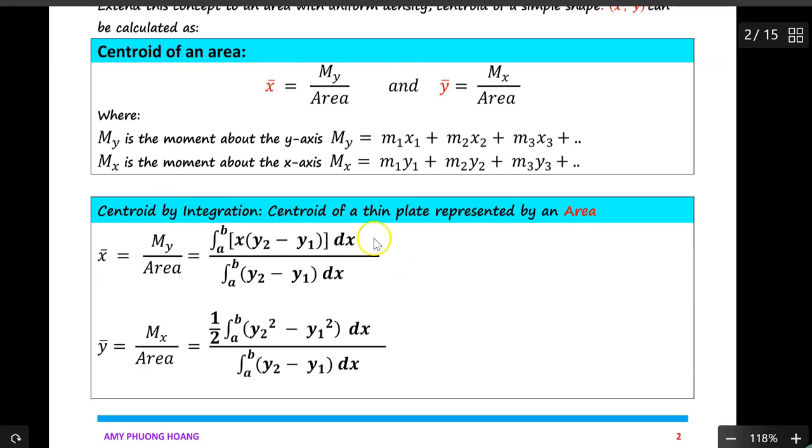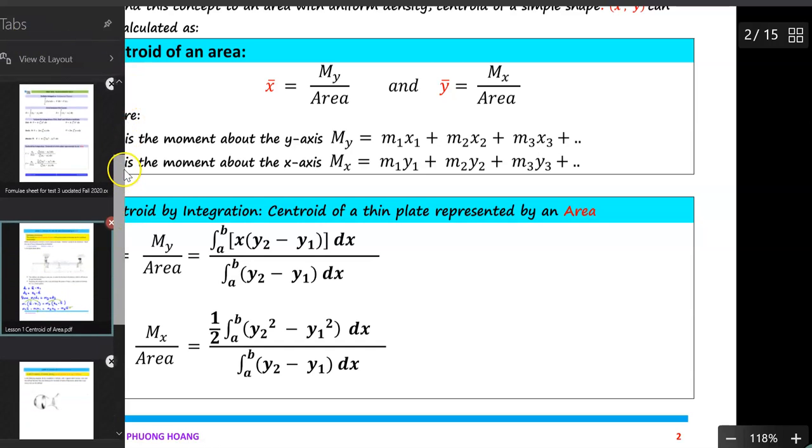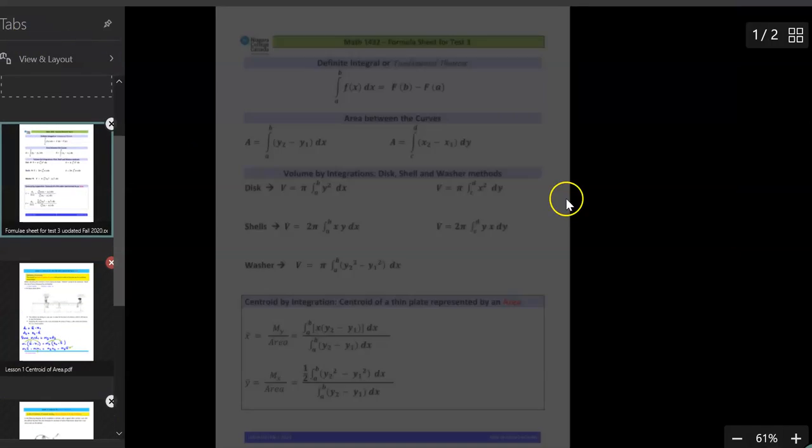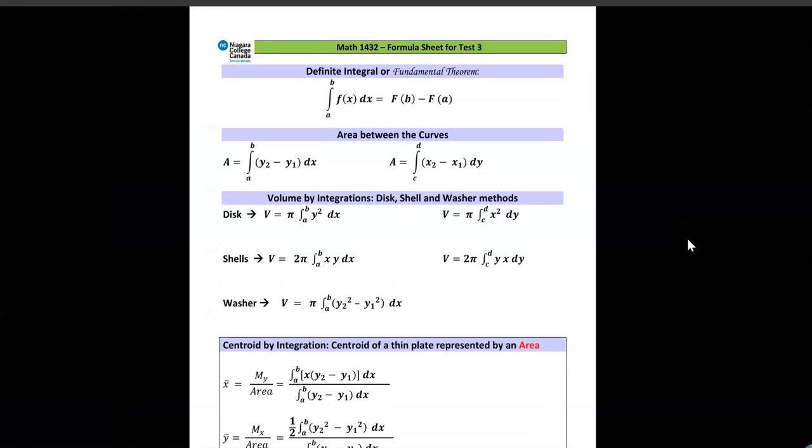Okay, talking about this, I would like to mention the formula sheet that I have prepared for everyone. This formula sheet represents quite a few things. First of all, definitely the integral fundamental theorem, we already learned about that, but I want to remind everyone of the area between the curves right here.